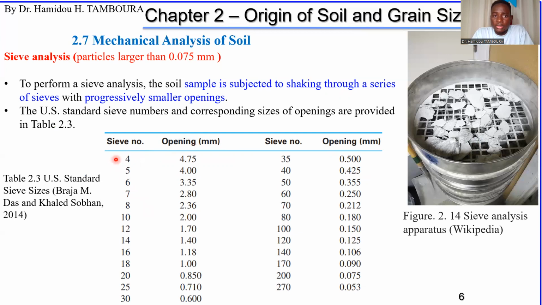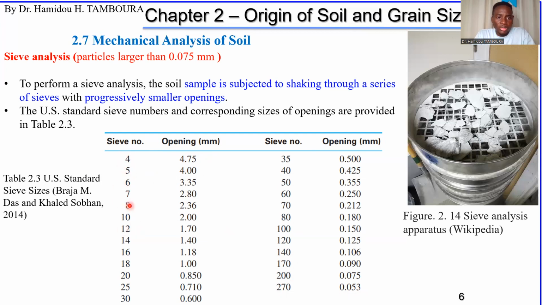Starting with sieve number 4, which has an opening of 4.75 millimeter, to sieve number 270 with an opening of 0.053.